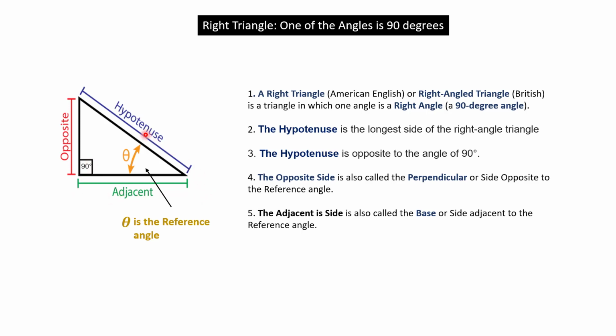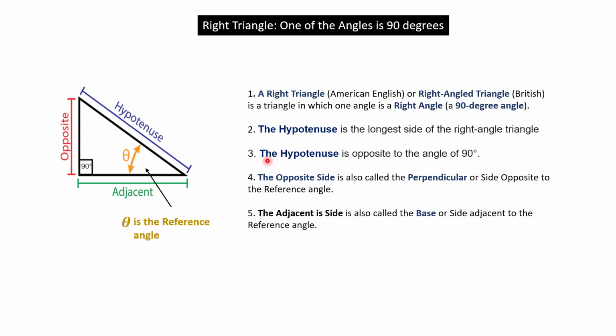The names of the three sides of a right triangle. Here you have the hypotenuse. What is this hypotenuse? This is the longest side of the right angle triangle. Here you have one more observation about the hypotenuse.